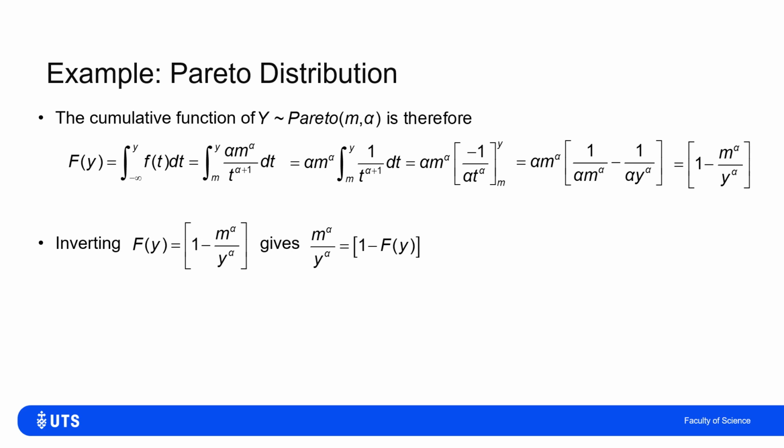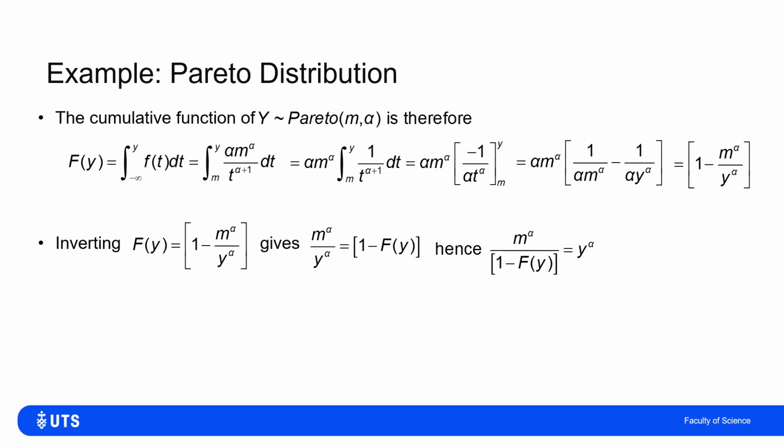But we're talking about simulating values here, so I need to invert that cumulative function. The way I would invert 1 minus m to the alpha over y to the alpha: I rearrange it, and I can get m to the alpha over y to the alpha is 1 minus f. Then I multiply both sides by y to the alpha and divide both sides by 1 minus f.